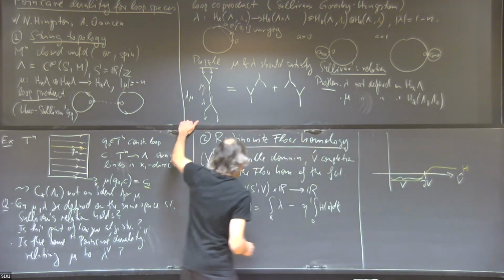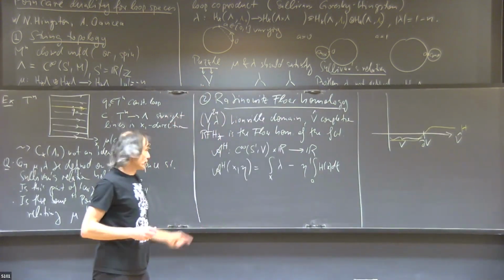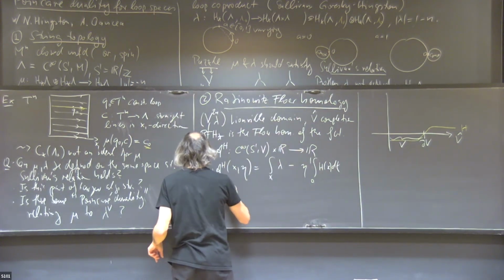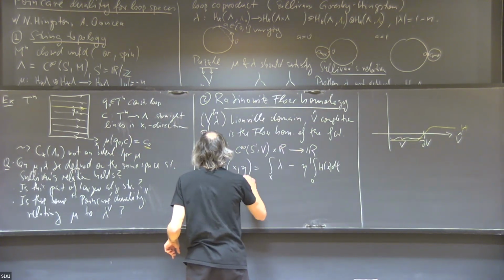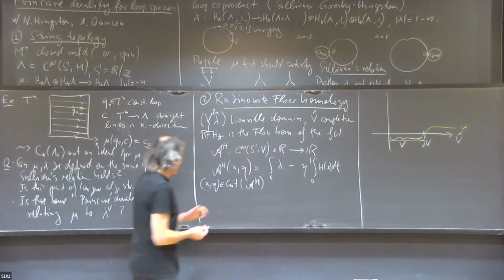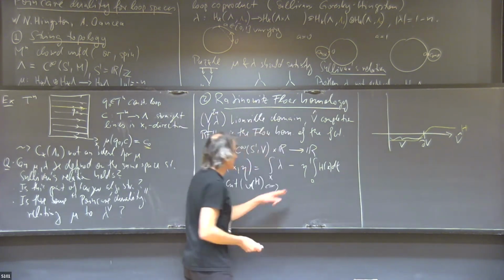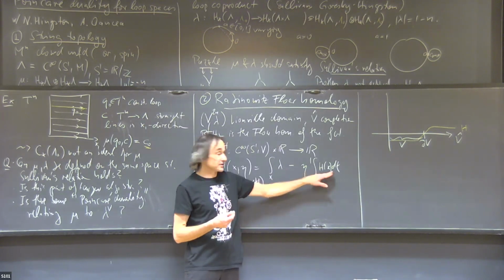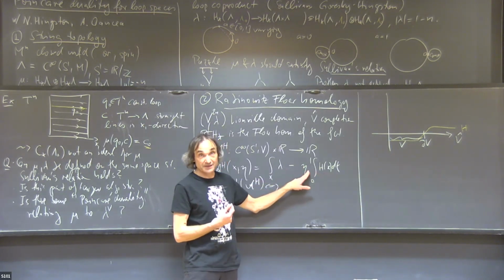The critical points are as follows. This gives us two equations. This looks like the classical Hamiltonian action, except that we have this real parameter eta in front of it.